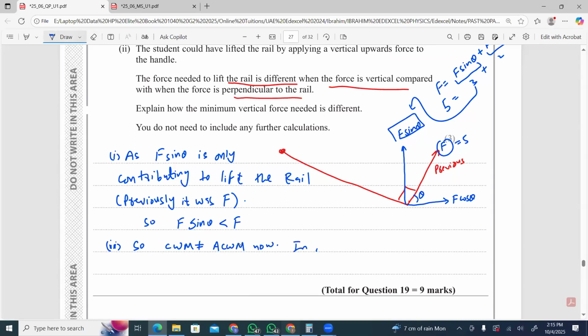And in order to balance the moments, what you need to do is increase the force.